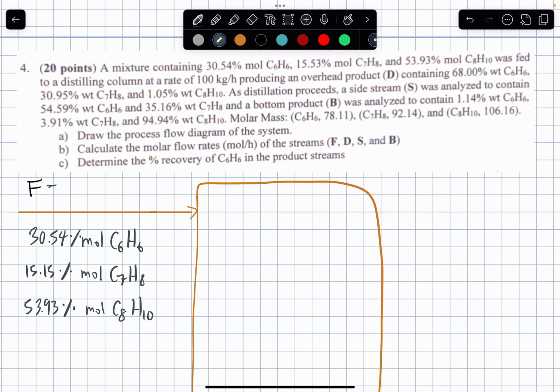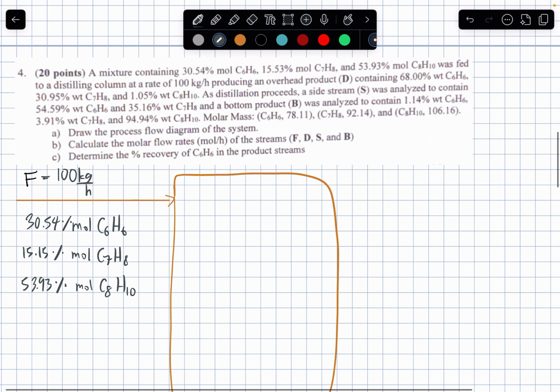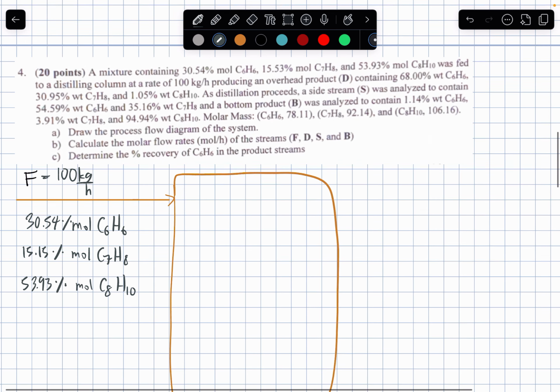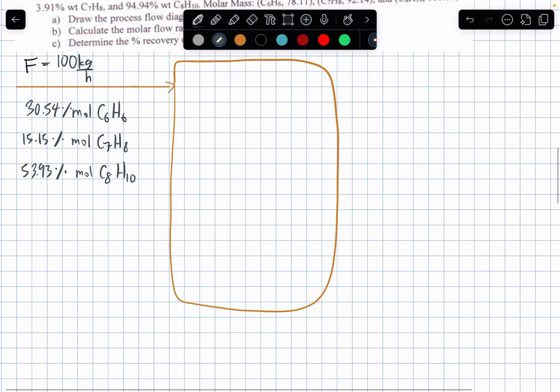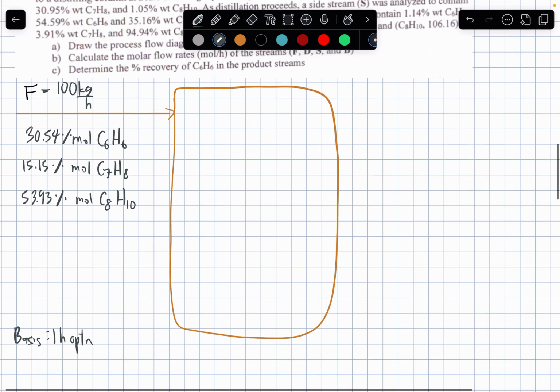At a rate of 100 kilograms per hour. So this is a continuous process, no? Speaking of basis, we have 1 hour of operation.